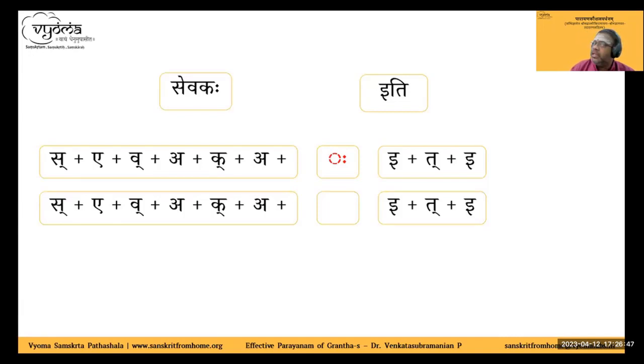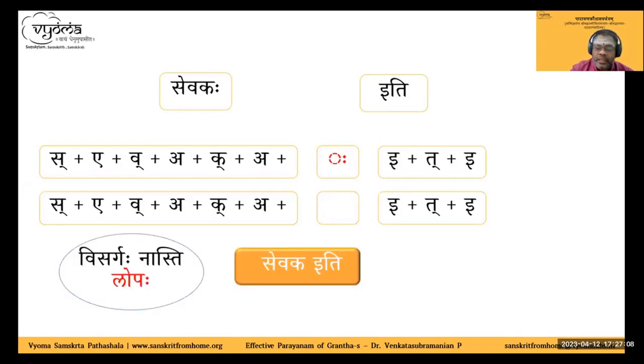This is a unique change. There was a letter, a sound which was existing. Now that sound is not seen in the final outcome when the two words are pronounced. This is called lopa. Sevaka iti. The visarga lopa happened here.